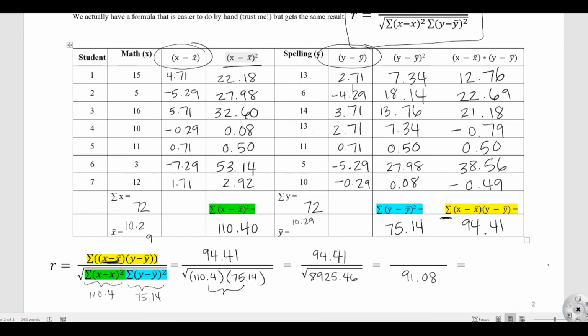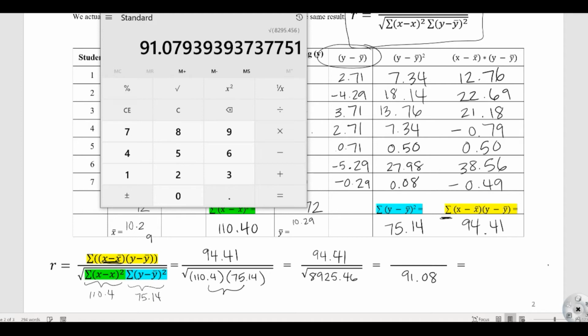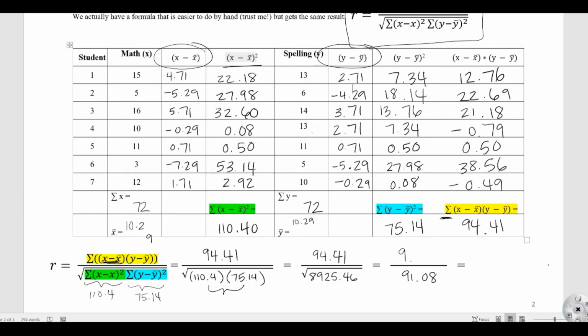I messed up somewhere. Where did I mess up? I can tell already I messed up. Because if I do 94.41 divided by 91.08, it's over 1, which is impossible with correlation.